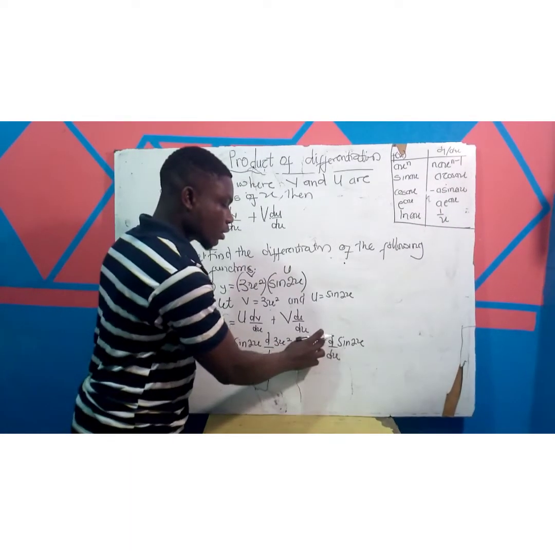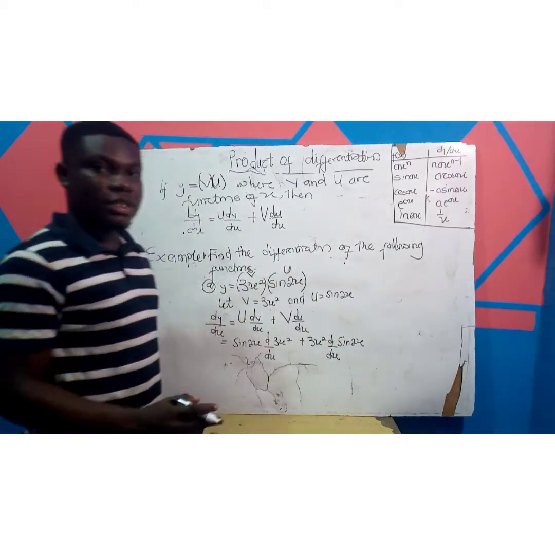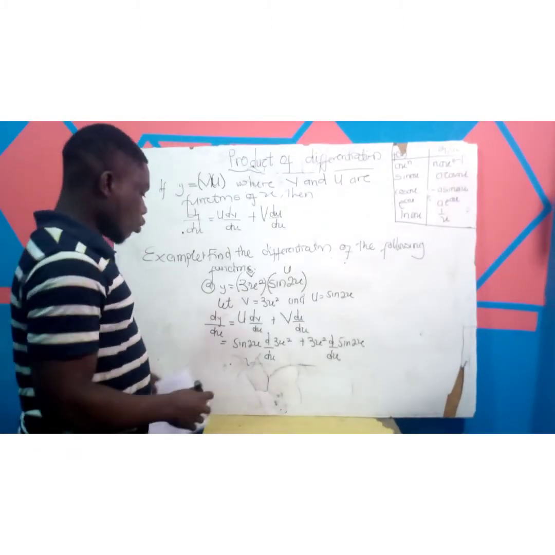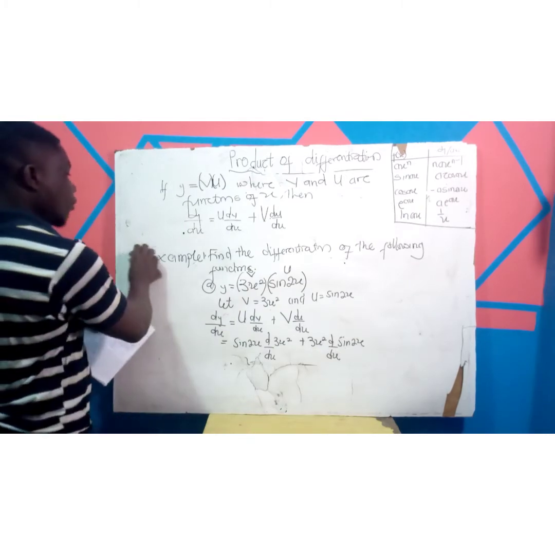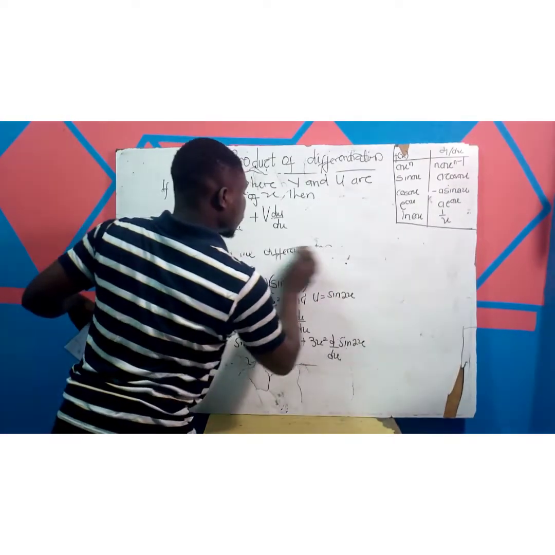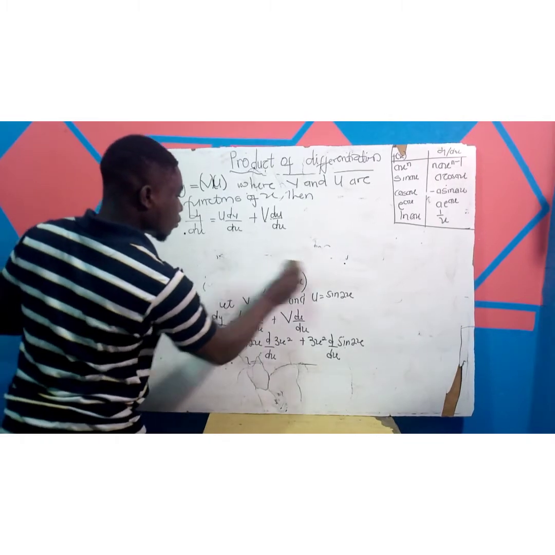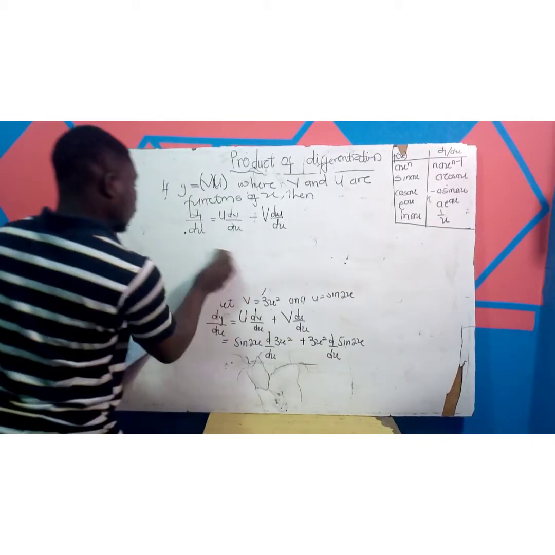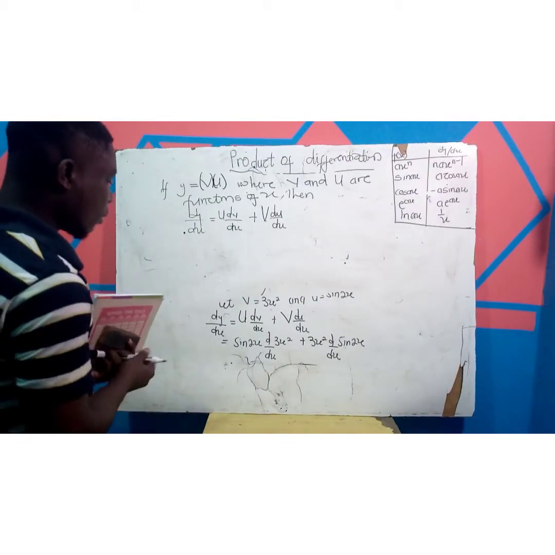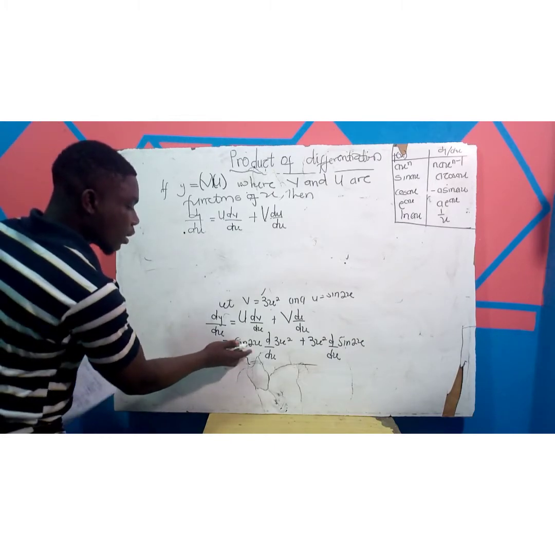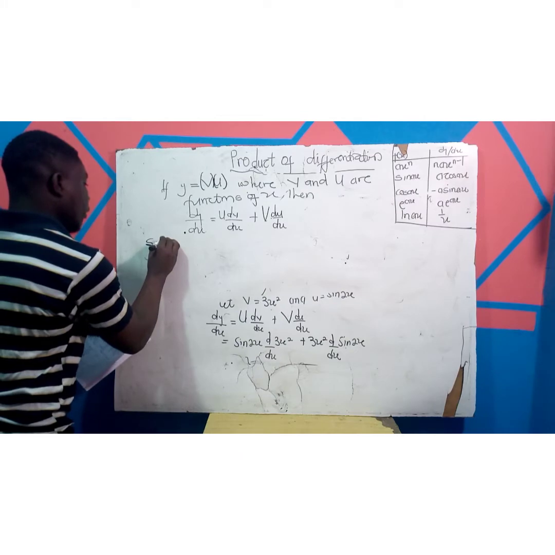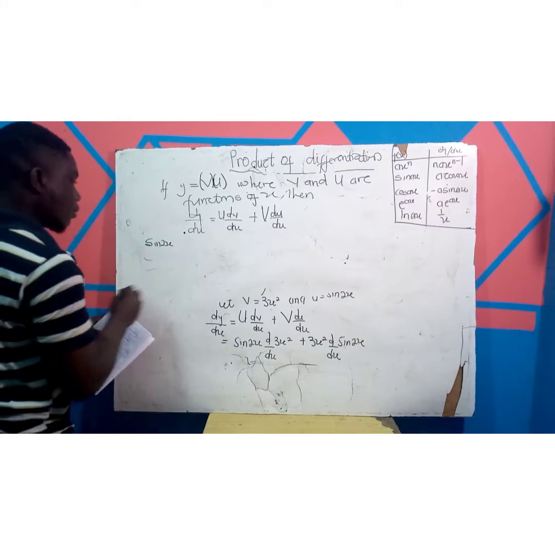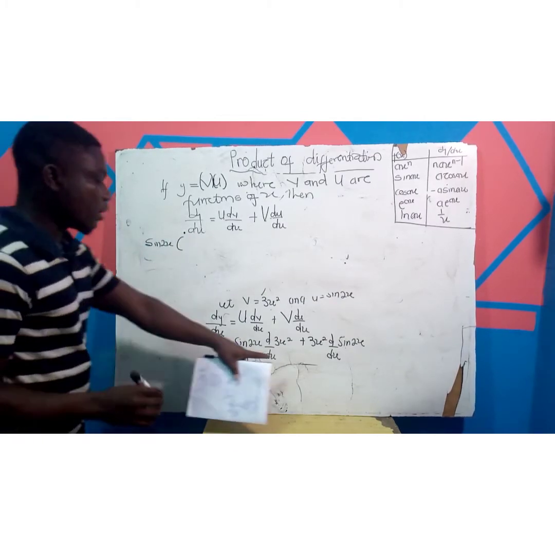We keep this constant, we differentiate the next. Continuing from there, keeping sin 2x constant, let's differentiate 3x squared.